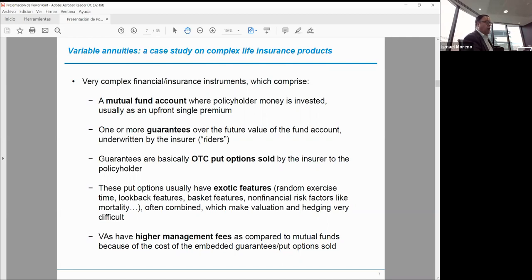So there were many problems associated to this. When there were strong market swings, mainly strong downside swings, or increasing implied volatility that seriously affects the price of options, then some insurance companies even went out of business because of this business.